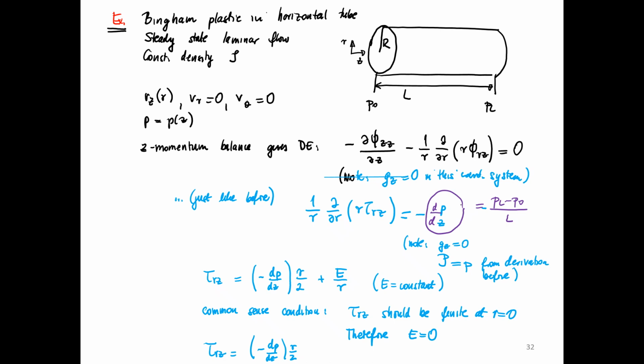So shear stress itself is the same, but what the fluid does in response and what type of resistance it has to that shear stress is what differs between Bingham fluid and Newtonian fluid and power law fluid or whatever other. Okay? So this is linear, same as for Newtonian.